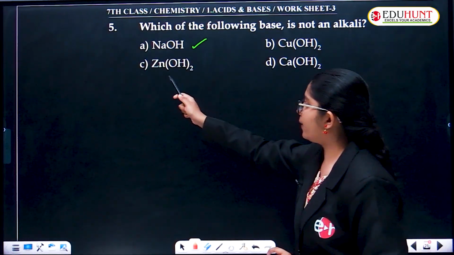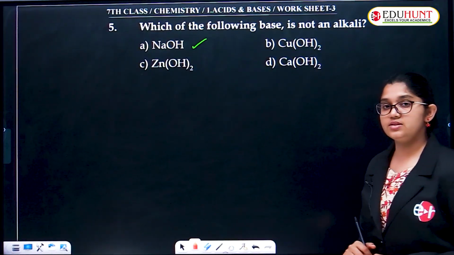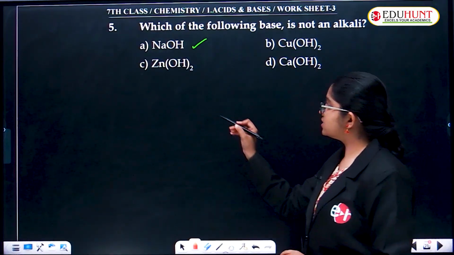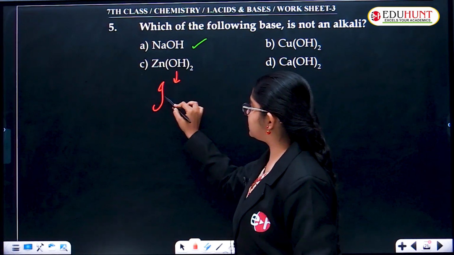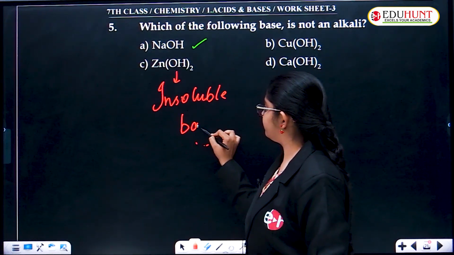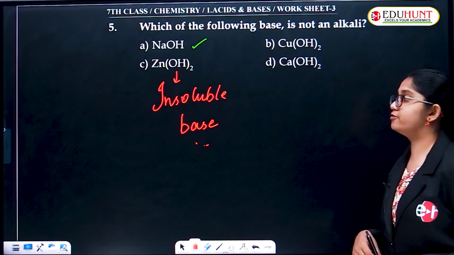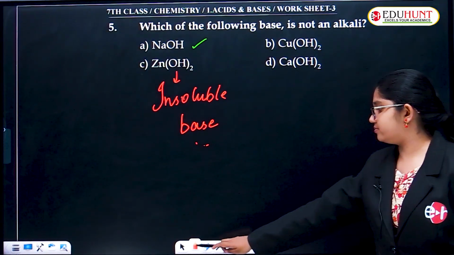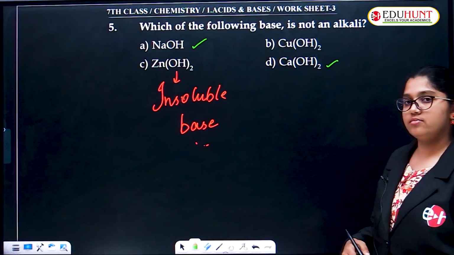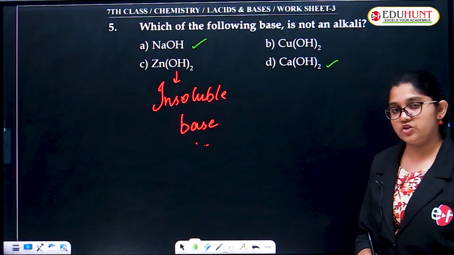Now, coming to zinc hydroxide, Zn(OH)2. Just now we said it is not an alkali. It is an insoluble base. Now calcium hydroxide. This is also an alkali because it dissolves in water and furnishes OH minus ions.